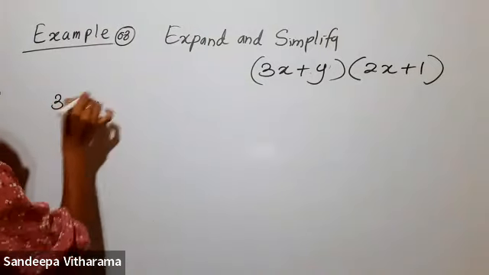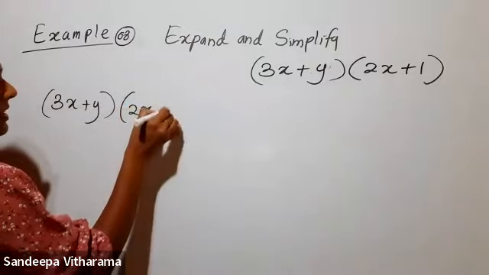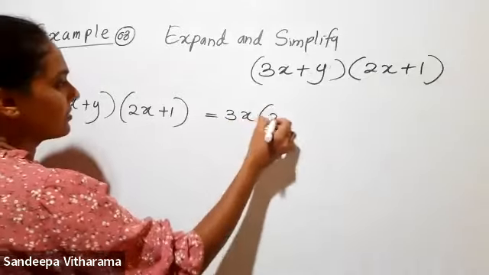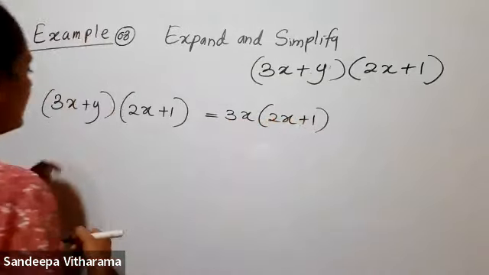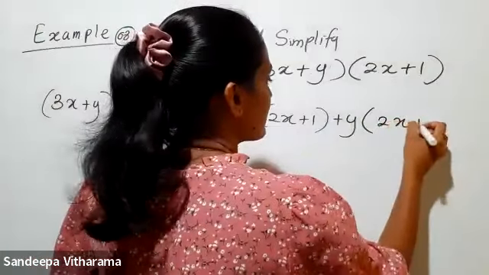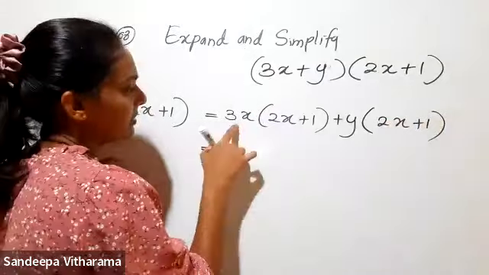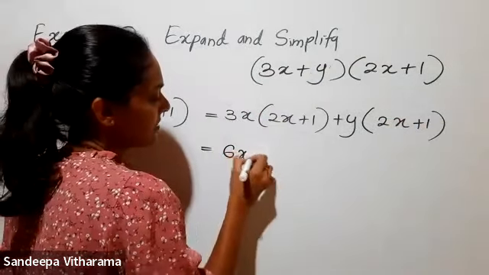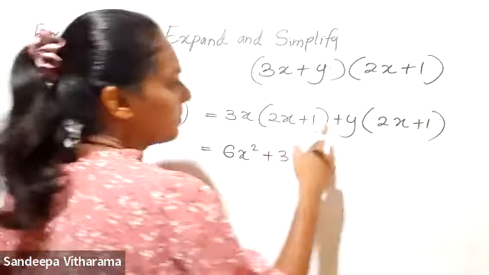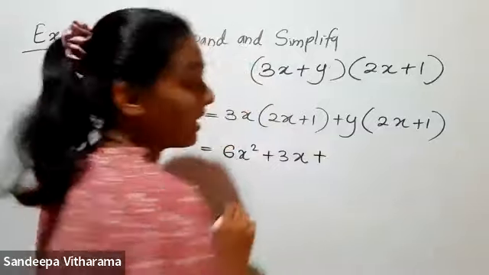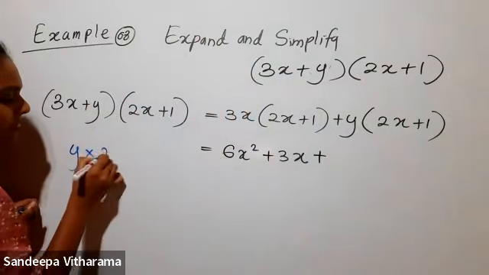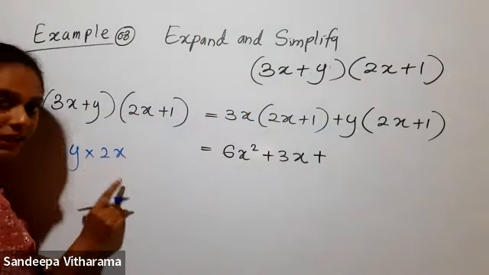3x added y, 2x added 1. Then 3x into 2x added 1. Then y into 2x added 1. Then 3x into 2x, it is 6x squared. 3x into 1, it is 3x. y into 2x, it is 2xy.